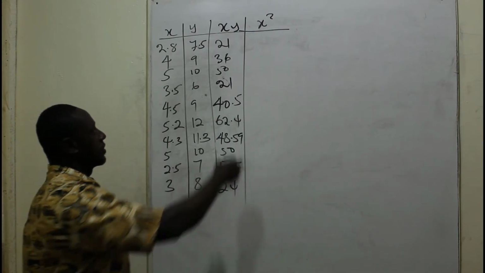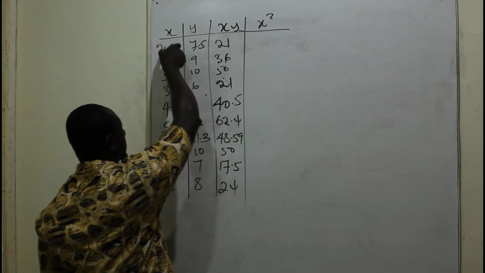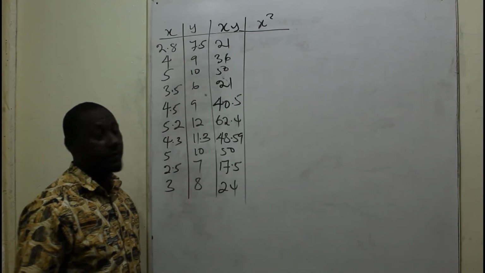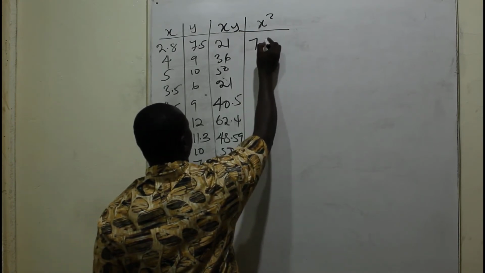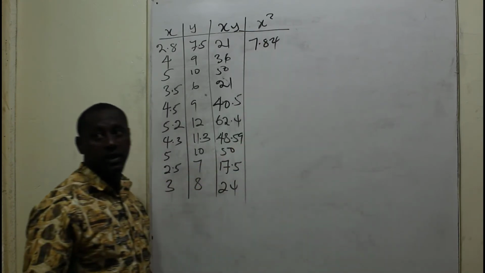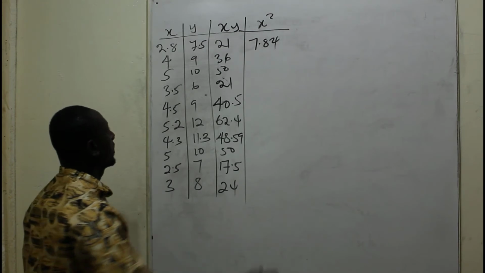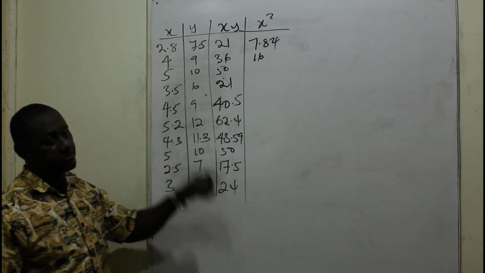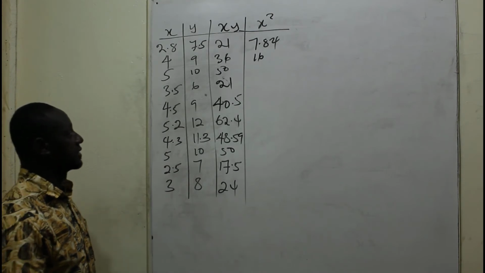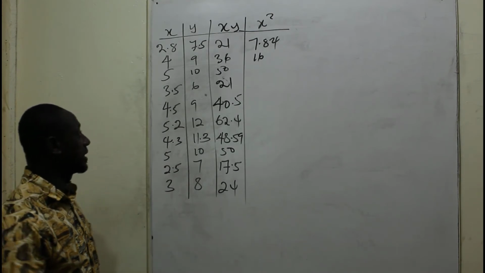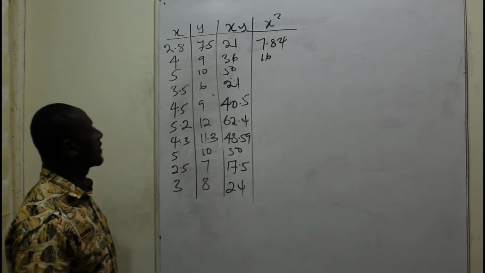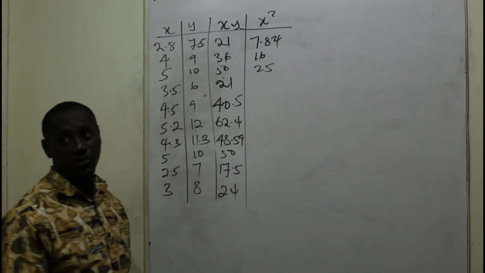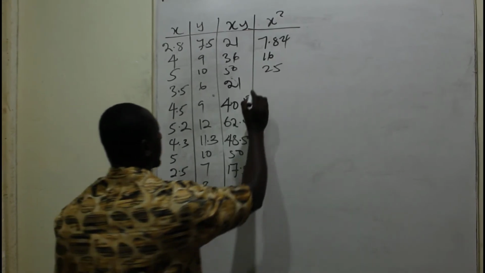Then when we come to this column, we are talking about x squared. So we are going to square the x value here and put it there. So 2.8 squared is going to give you 7.84. Then 4 squared we know is 16. When it comes to the whole numbers, we don't have a challenge. But the decimals may be a challenge, but we will still do that. And then 5 squared is 25. 3.5 squared is 12.25.